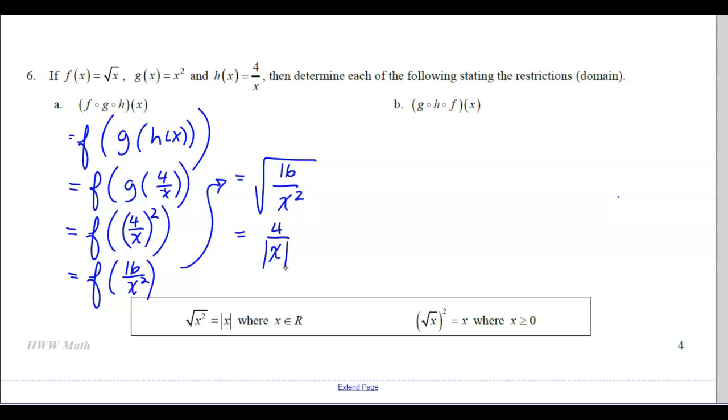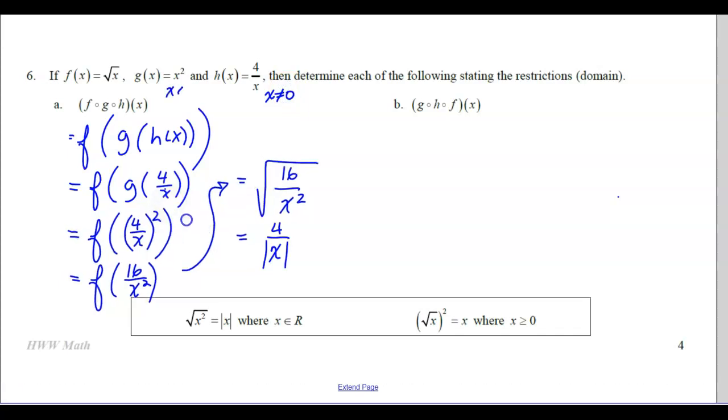In terms of domain, the inside function is h, so that's everything here except 0. We just do all of the original domains. So we can put anything except 0 in.